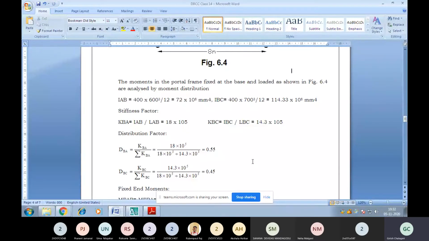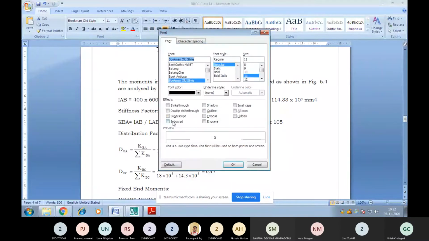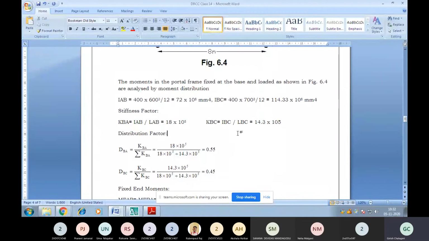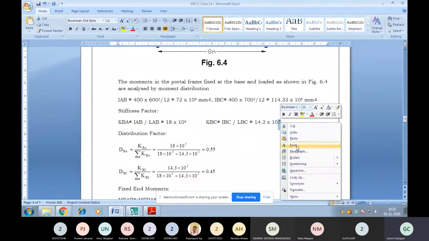We get 18 into 10 raised to 5 as the K value for the column.